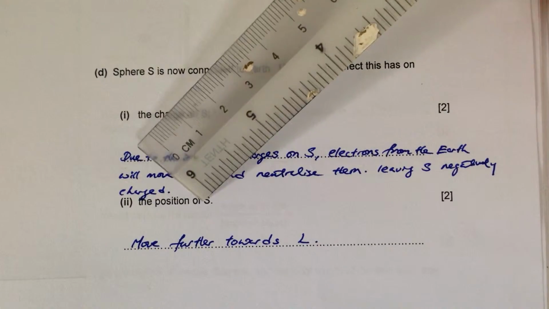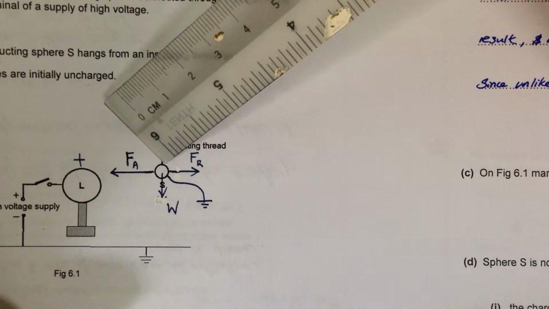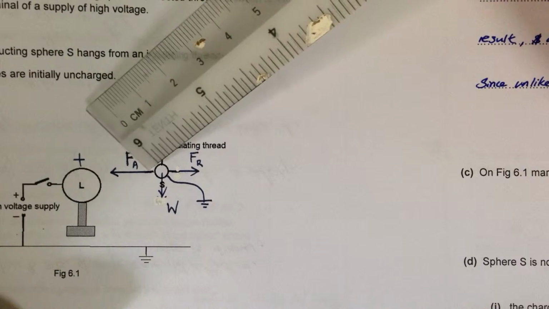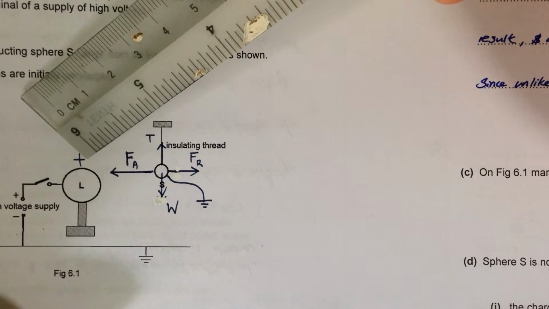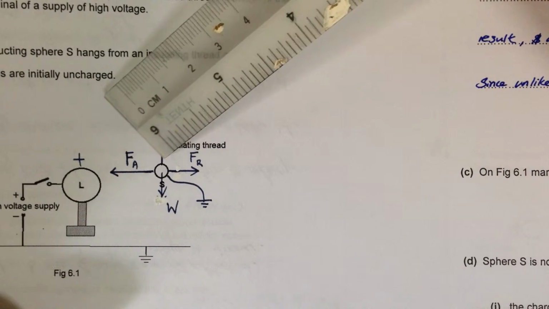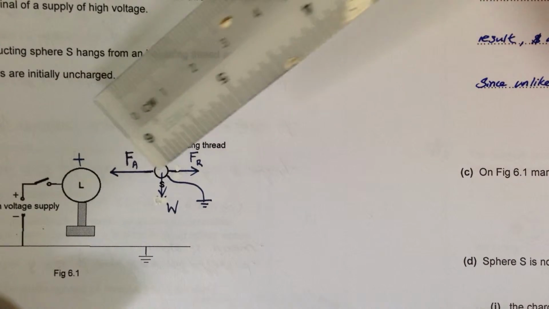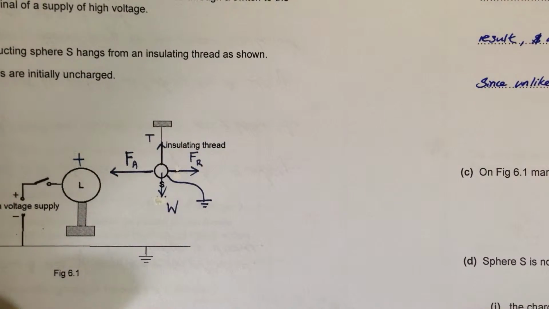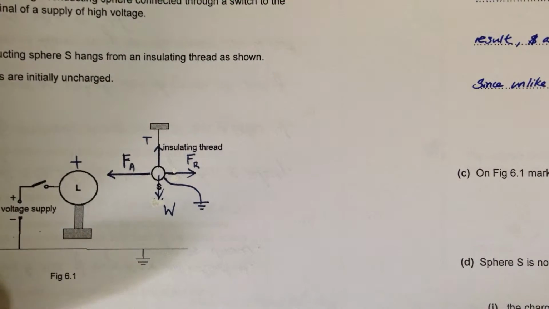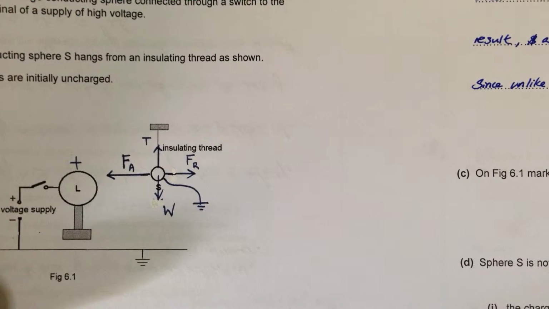Now, in terms of position, if now S acquires more electrons from the Earth, that means the force of attraction towards the positive charge here will be stronger because now S carries more electrons. So just now I mentioned that the forces due to electric field depend on number one, distance, number two, the amount of charges.